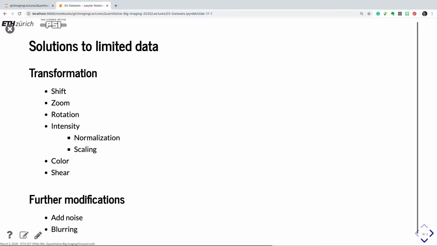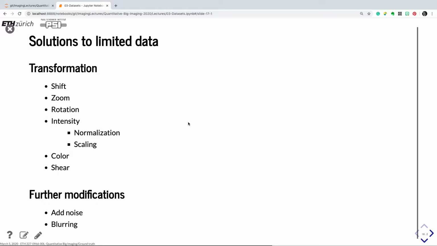You can also do shearing, so distorting it really badly. And on top of that, you can also add noise and blurring to simulate different acquisition conditions. So higher or lower dose acquisition, better or worse resolution of the system.